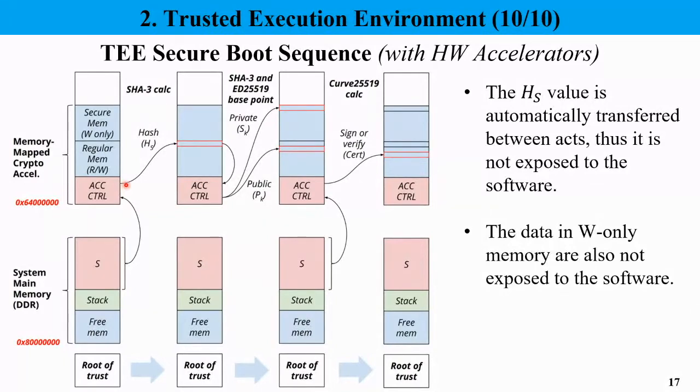Then the Ed25519 base point multiplier is used to generate the public and secret keys, SK and PK. PK is stored in the write-only memory, while SK is stored in the secure memory. The public key is just stored in regular memory.